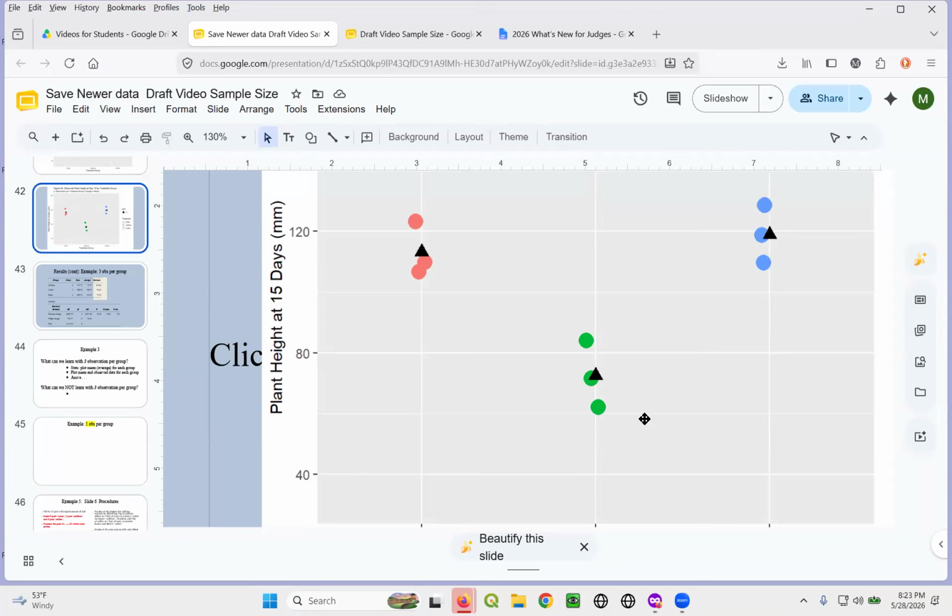But no, I think what it is is that we've seen enough data to have an idea of when the effect size is big, you need fewer data points to say, yeah, that's something.